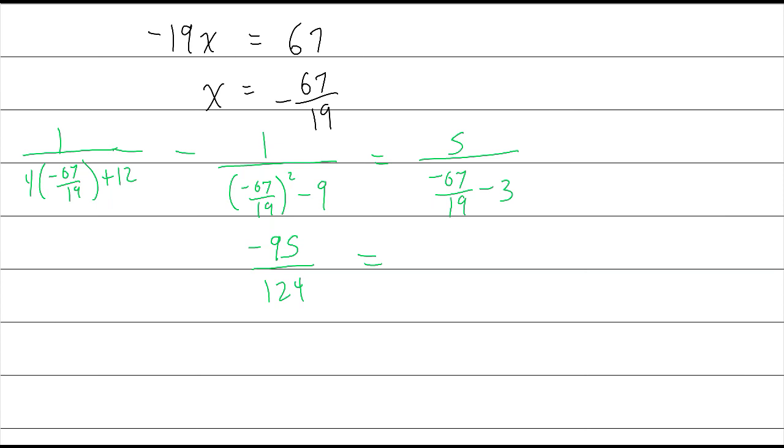Okay, don't want to do that by hand. The right side, 5 over negative 67 over 19 minus 3, comes out to be negative 95 over 124. All right, check. So negative 67 over 19 is my solution. Okay, and so there we go. That is the first part of section 3.4, solving rational equations.